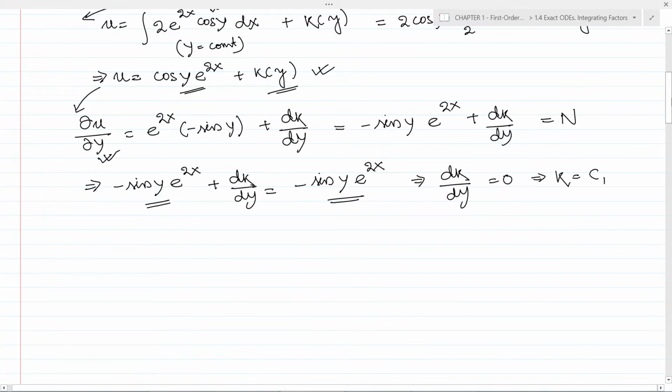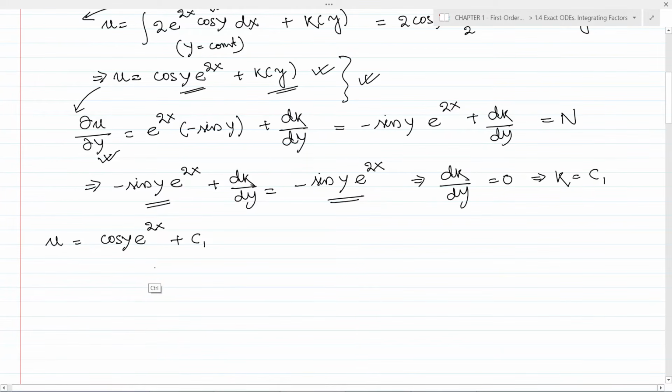and this value of k we can substitute in this equation, which was the provisional equation for u, and we can write the final value of u, which is cos y e to the power 2x plus a constant C1.